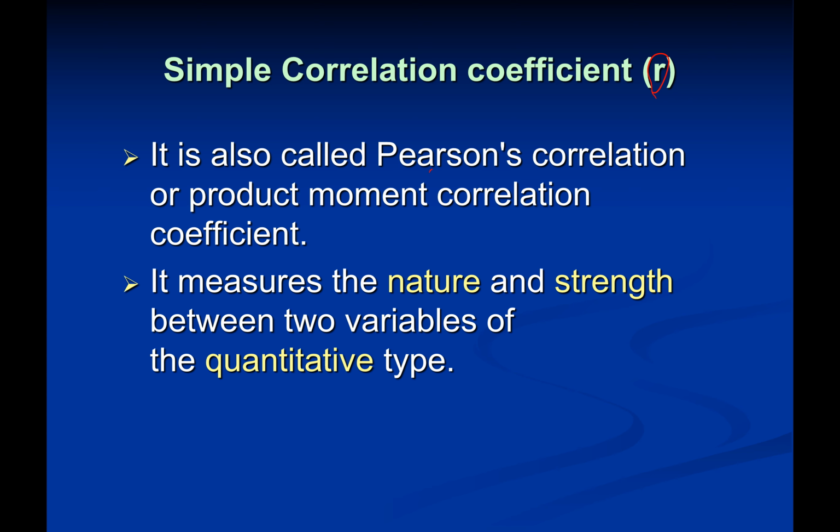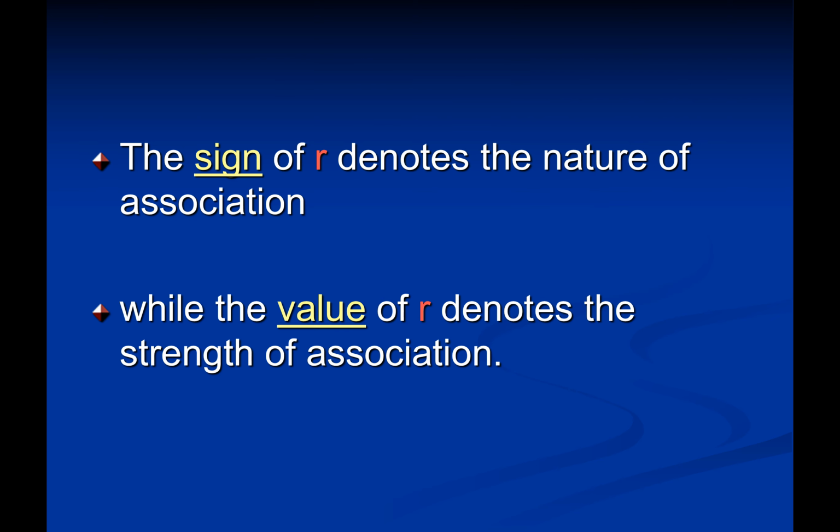It's also called Pearson's correlation or the product moment correlation coefficient. Pearson's correlation coefficient measures the nature and strength of the relationship between two variables of the quantitative type. Again, we concentrate on quantitative variables. The sign of r denotes the nature of the association, so either it's direct or indirect, positive or negative.